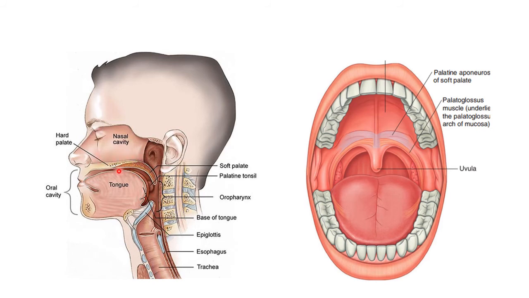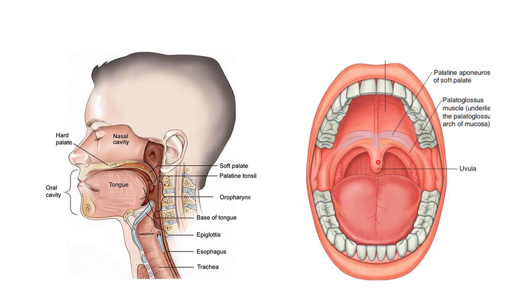It has a superior border which is attached to the hard palate, and an inferior border which is free. A small conical tongue-like projection hangs down from its middle and is called the uvula.